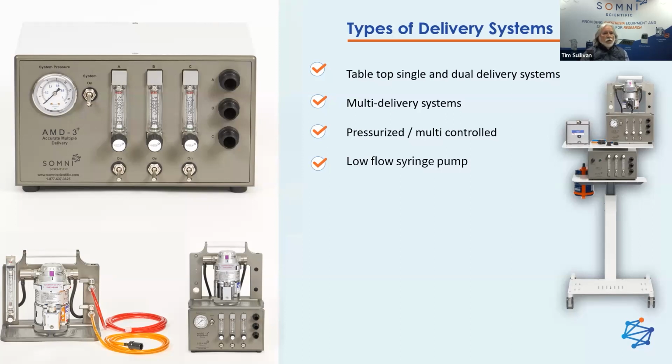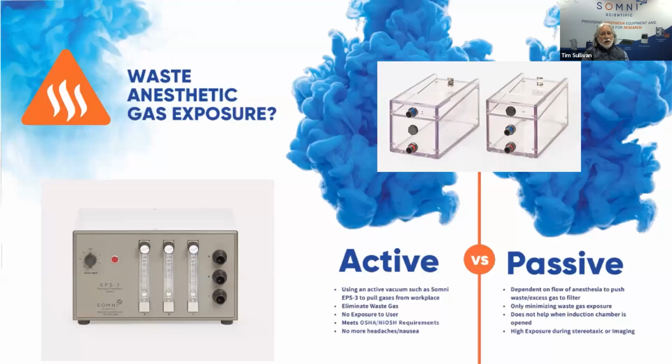We also include switches so that once you get that perfect flow rate set, you can just turn the switch on and off, and you don't have to reset the flow meter each time. A lot of the systems out there only have the switches and not the flow meters.